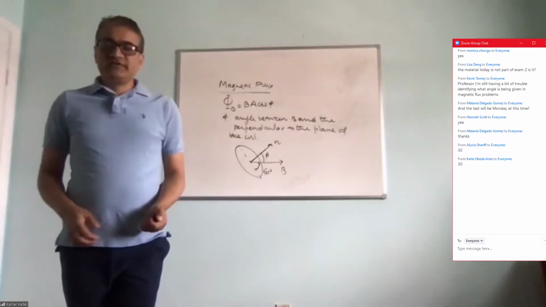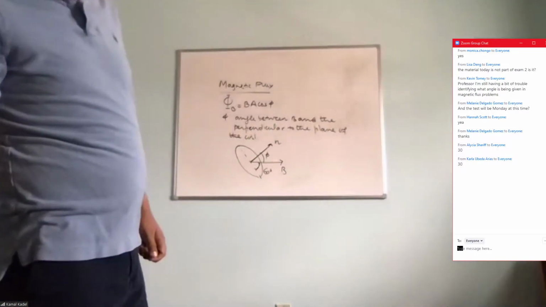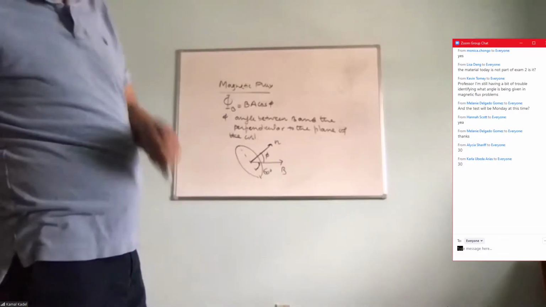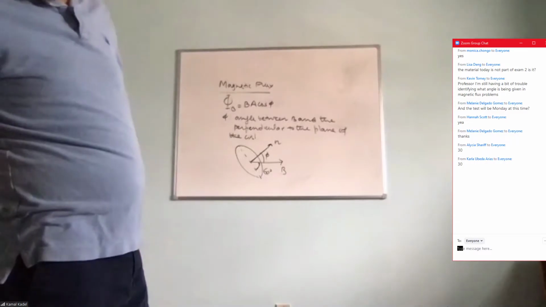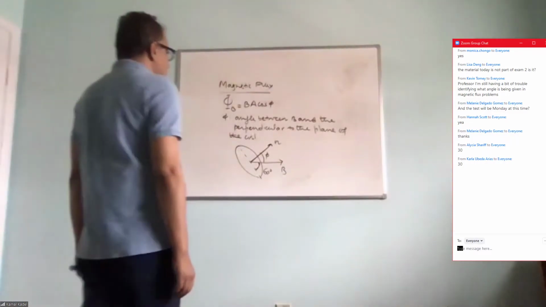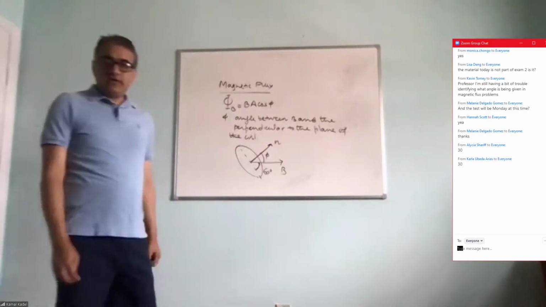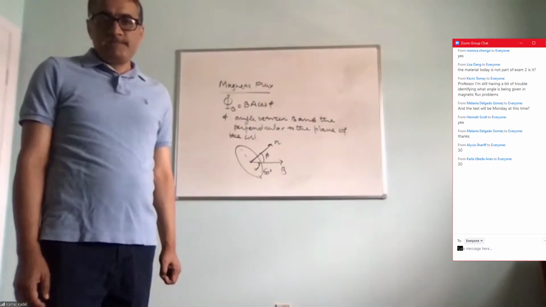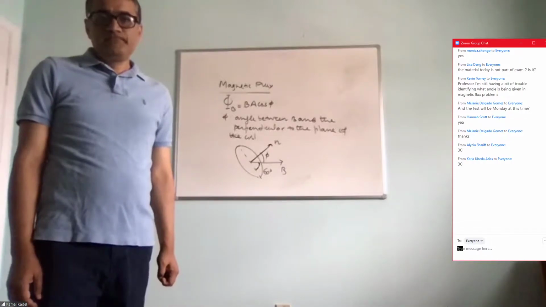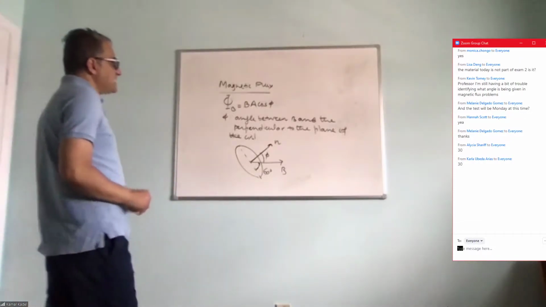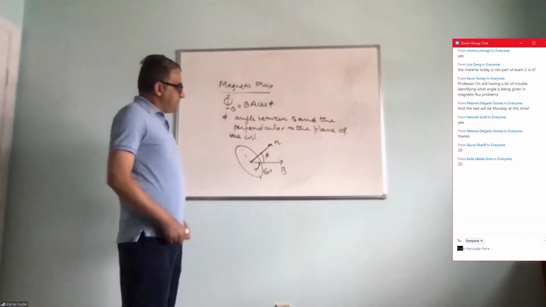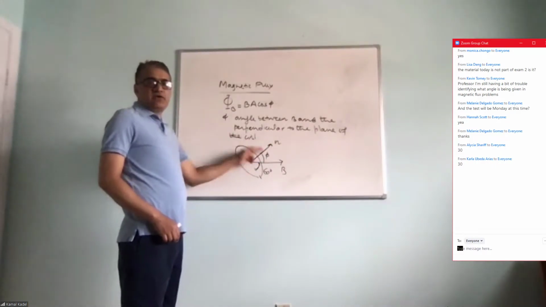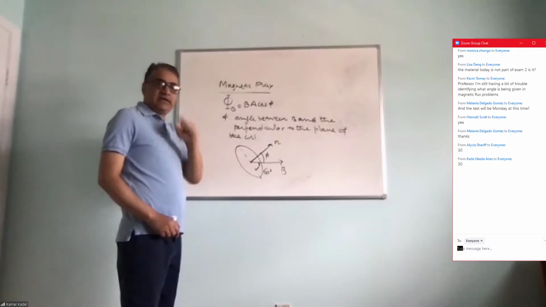So you need to understand that. Good, so far so good. If the problem says that the magnetic field makes an angle, say 30 degrees, with the perpendicular to the coil, that is what we need.